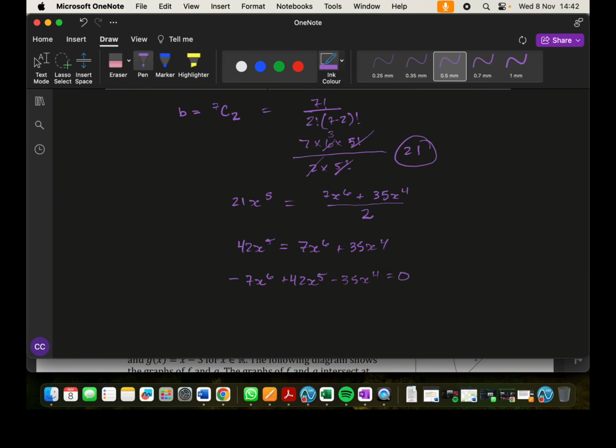Whenever we solve a polynomial, we have to make it equal to 0. I can factor out x^4 from all of those terms. Actually, I can factor out negative 7x^4. So I'd have negative 7x^4 times (x^2 minus 6x plus 5).